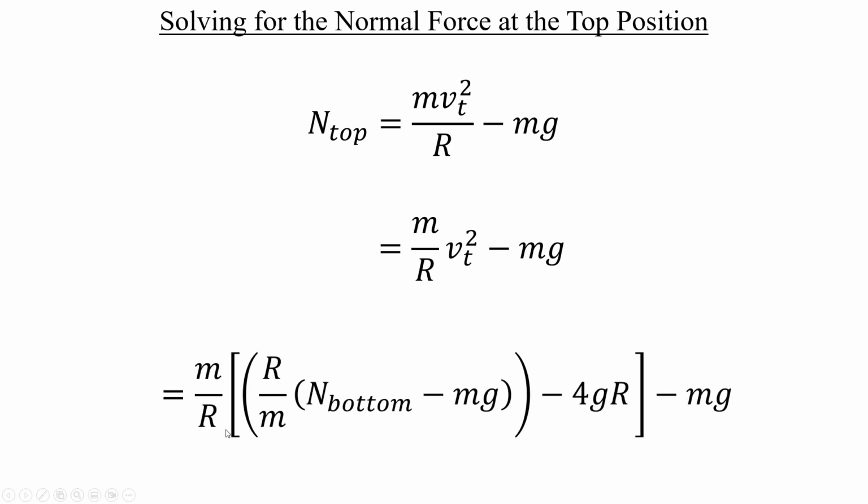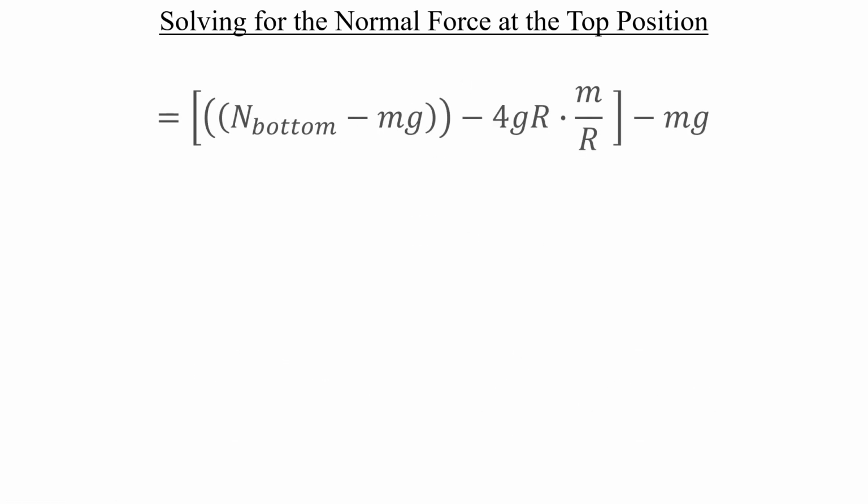Let's distribute m over r inside the square brackets, which will thankfully cancel out nicely with the ratio inside these rounded ones. And don't forget to apply it to this 4gr inside as well. We'll no longer need this double set of rounded brackets, and when we apply the ratio, 4gr will turn into 4mg.